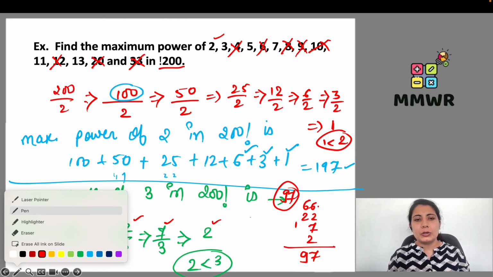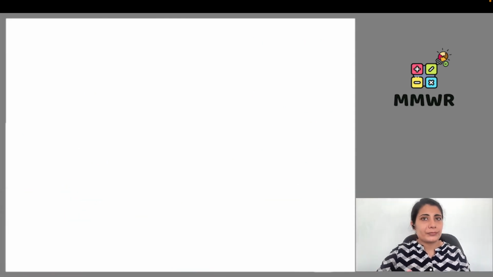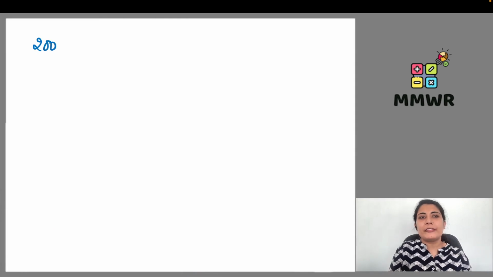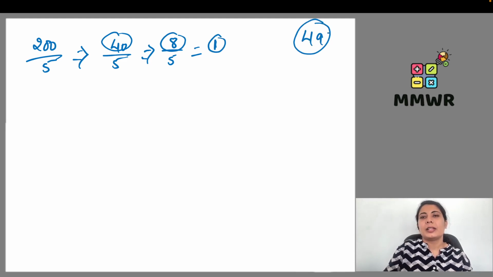Right? Now we will be looking at 5 also. What is the maximum power of 5 in 200 factorial? So 5 4s are 20. Again by 5, 8 times is 40. Again by 5, 1 time is 5. Remainder is 3. So 40 plus 8 plus 1 is 49.